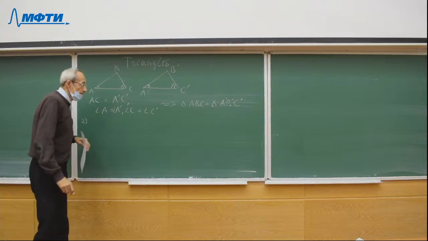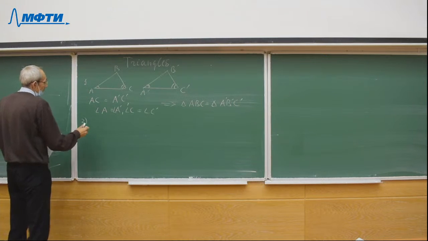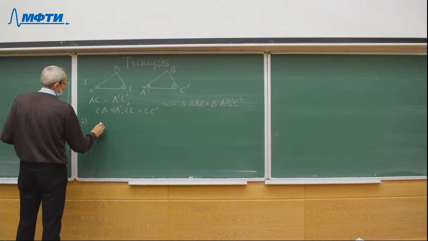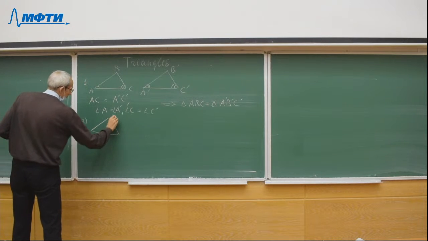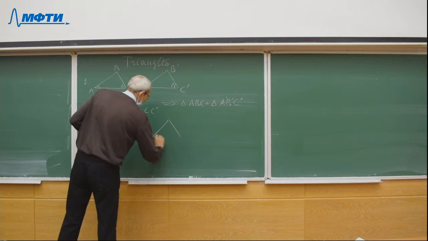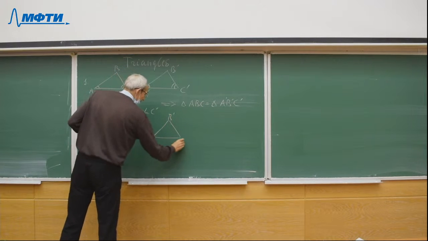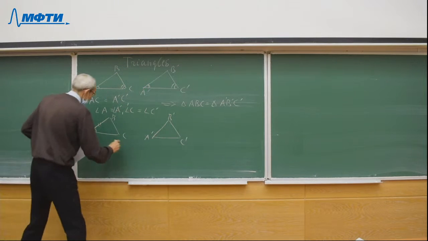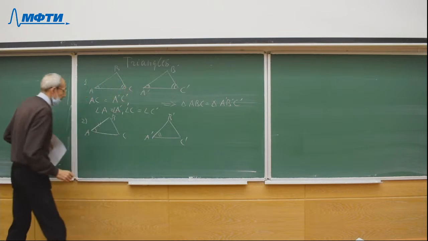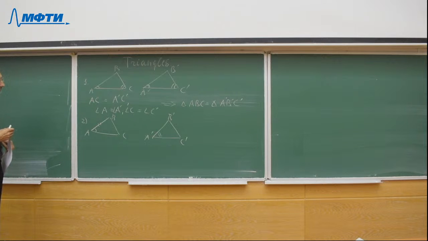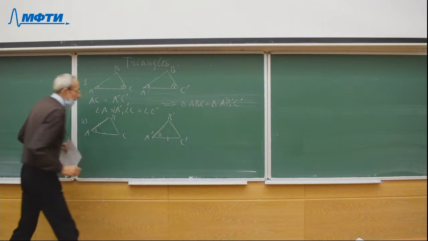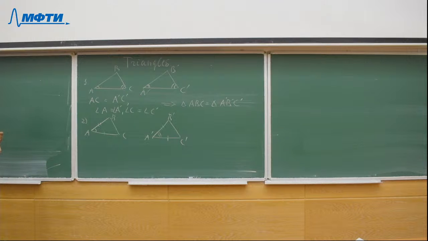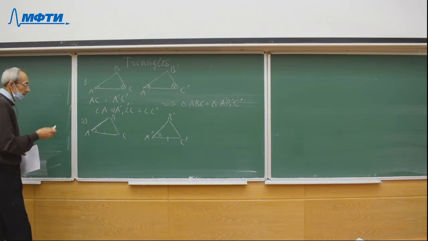The second condition of equality: if we have also two triangles, and the angle and two adjacent sides of the first triangle are equal to the corresponding angle and two adjacent sides of another triangle, then these two triangles are equal.